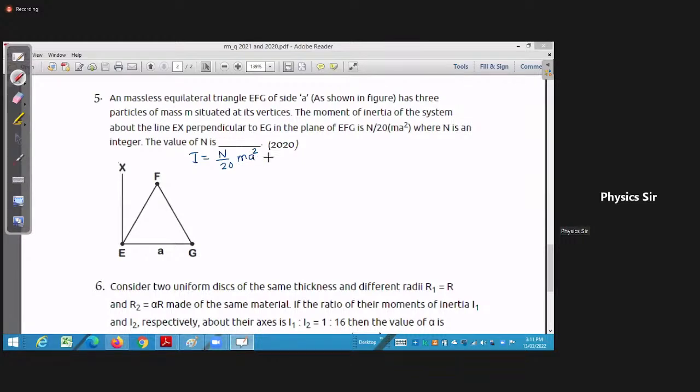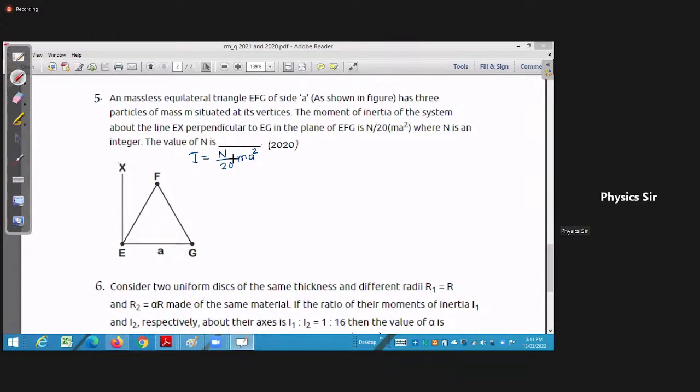Now what is the value of n? It means basically you have to find out the moment of inertia, then equate it, and then tell the value of n. What is the formula for the moment of inertia?